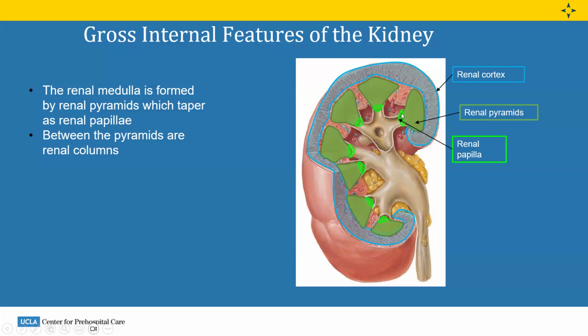So it's kind of like this little tapered point at the end of the renal pyramid, right? And then in between these pyramids, or renal pyramids, we're going to have these renal columns, okay? So those are the structures in between, and that's where we're going to see a lot of our vasculature, okay?